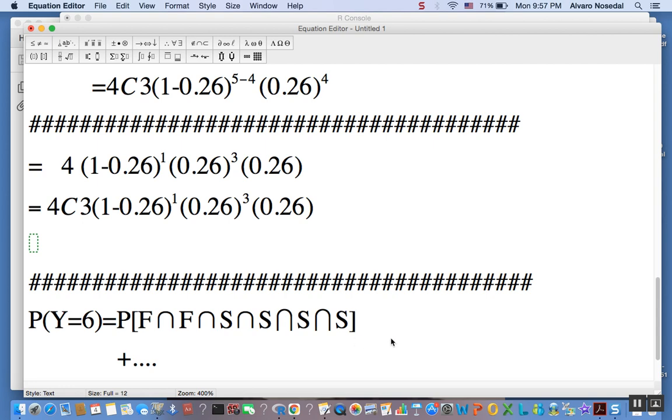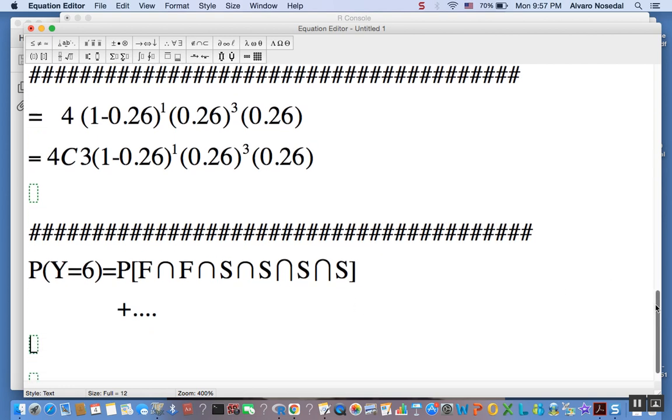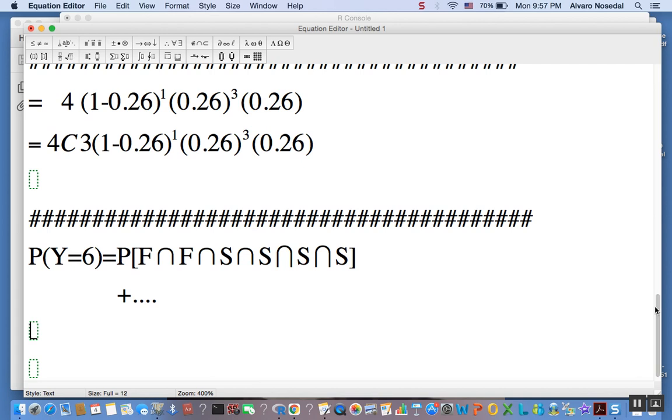Again, we could use the binomial to find that probability.